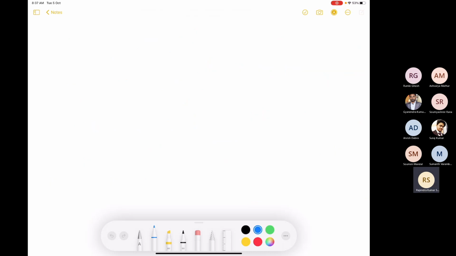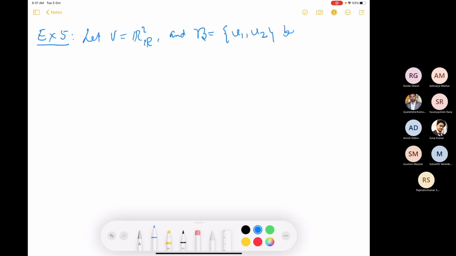So now let us take the next example. Let V be the vector space R2 over R, and let v1, v2 be a basis for V over F. F is R. This could be the standard basis or any other basis.